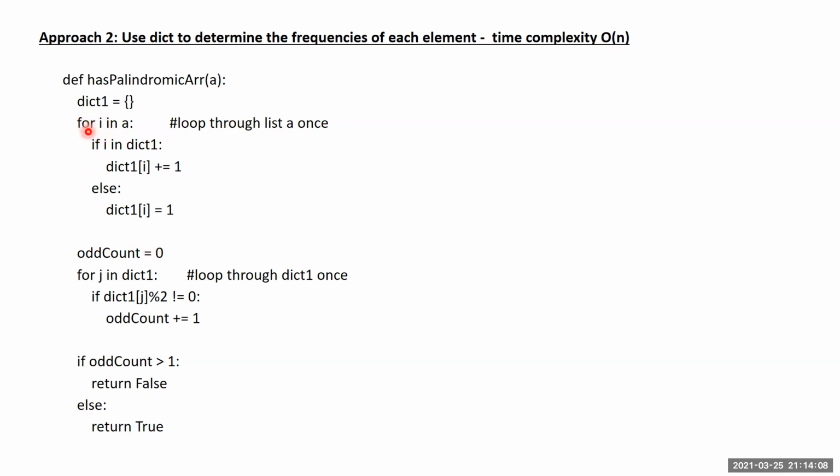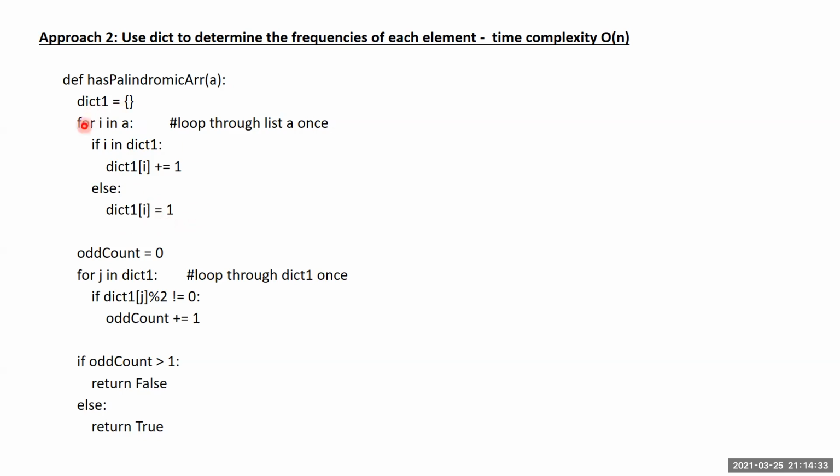If the element in the array already exists as a key in your dictionary, all you need to do is to just increase the counter, so increase the value of that particular key. Now, if it is not in the dictionary, then you just create one entry for it and set it to be 1.